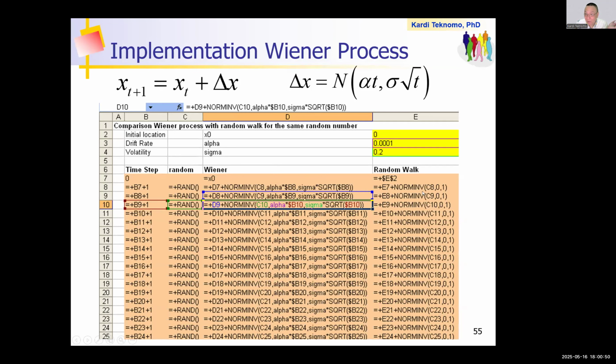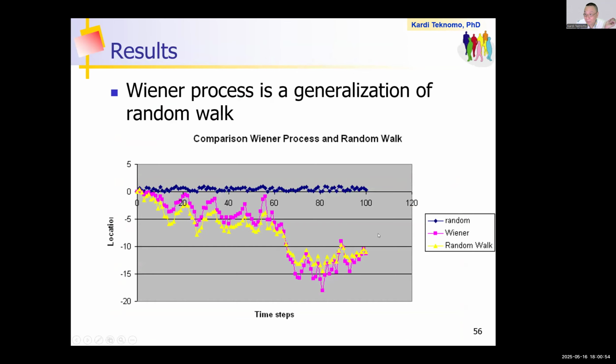I will compare this with the random walk a while ago. The result will be this one: the Wiener process compared to random. These are the random values. The yellow one is the random walk, and the pink one is the Wiener process. Almost similar to random walk, but a bit smoother.